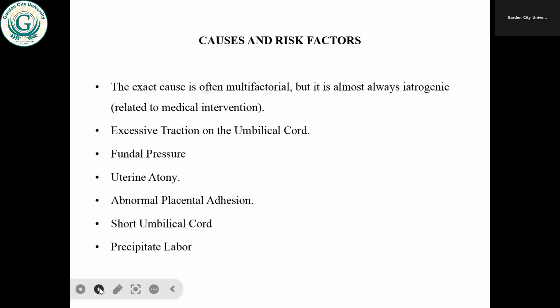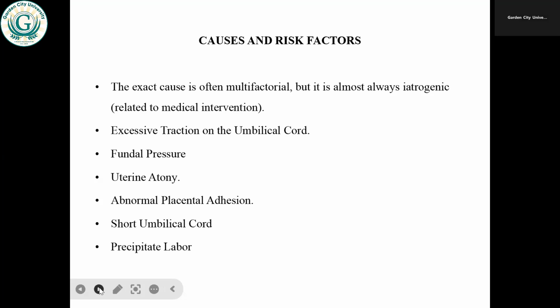This is especially when the placenta implantation is at the fundal portion of the uterus, and also in cases of uterine atony. So with a little traction on the cord, you will see the fundal portion also following, leading to an indentation caused by the little pressure you applied on the cord.